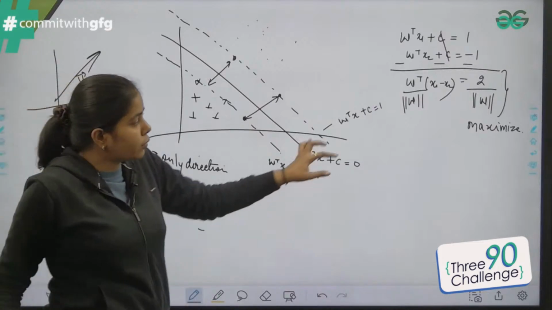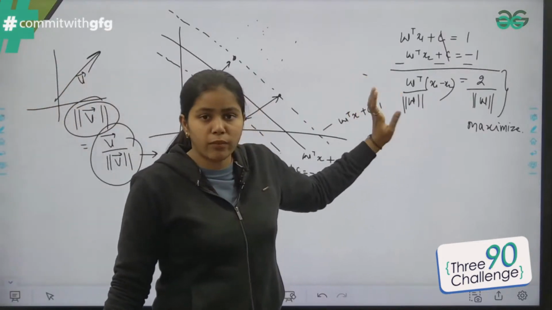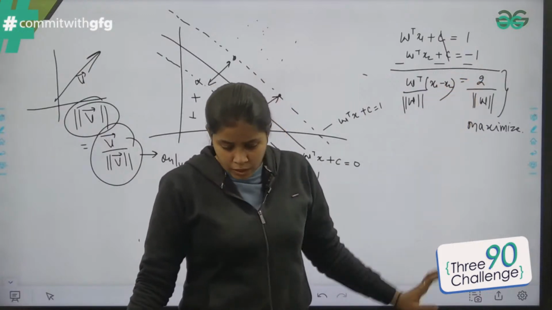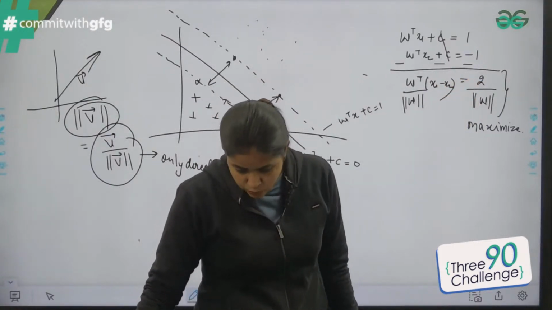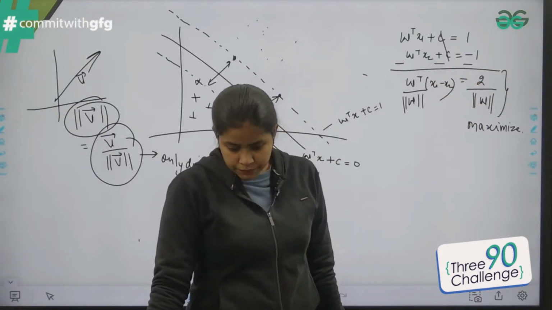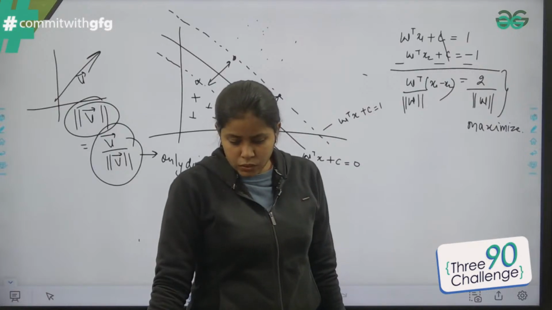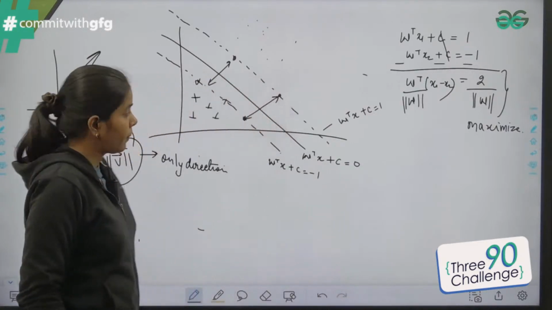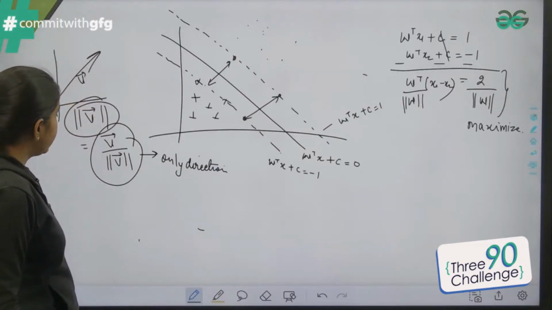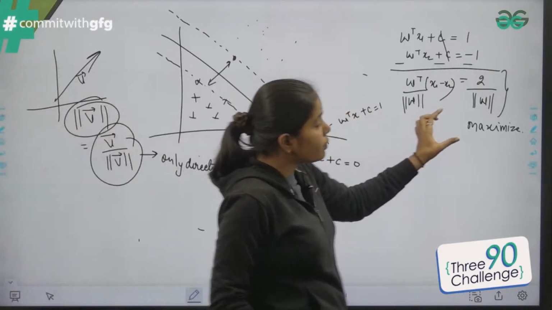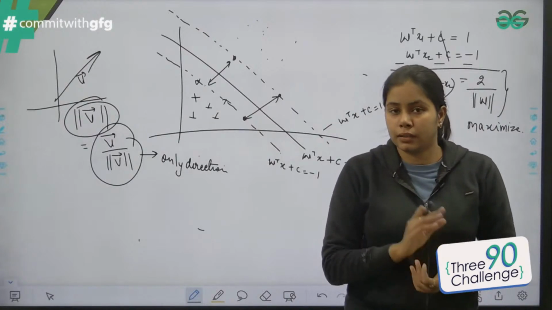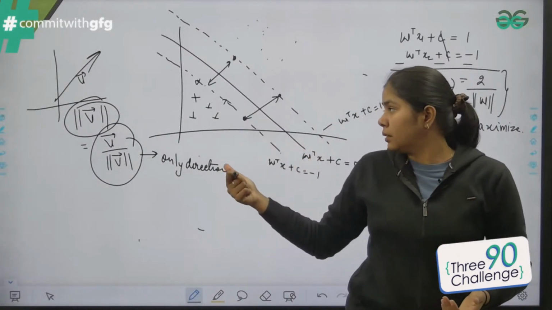We do not have to do anything. W transpose over norm of w gives only a direction, so I have to maximize 2 upon norm of w. Magnitude is the square root of its sum of squares. Okay, right? So I want to maximize this distance, 2 upon norm of w, in support vector machine.